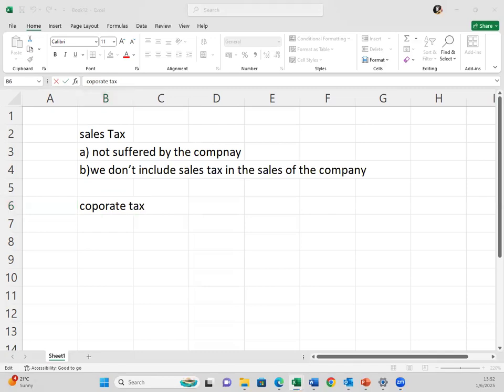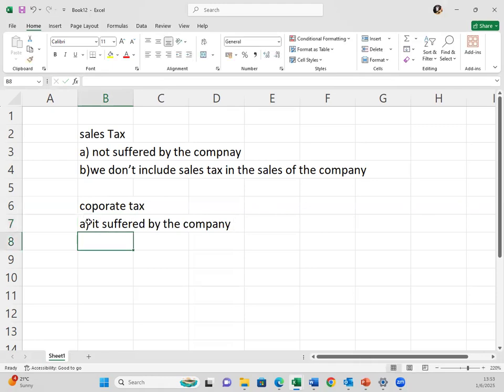It is charged on the company's profits. If we make a profit, we pay the tax. If we make a loss, we don't. That's the difference. It is suffered by the company.